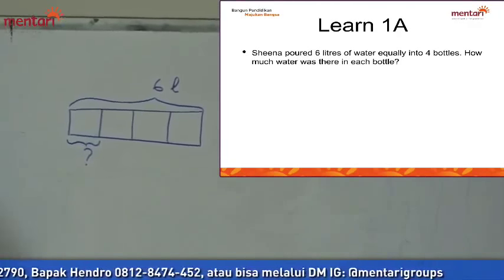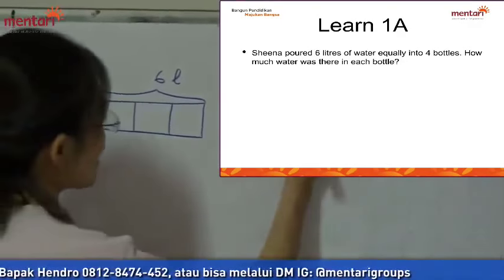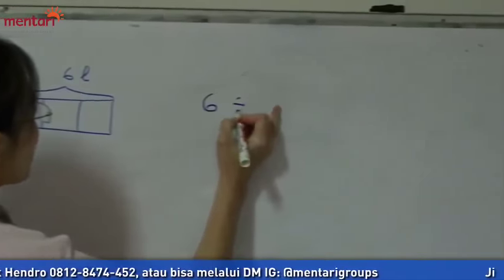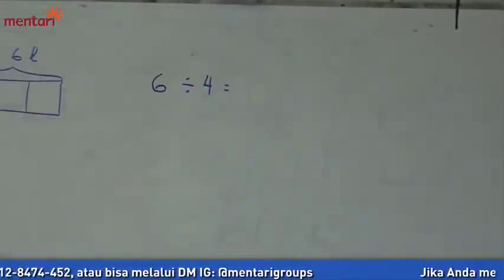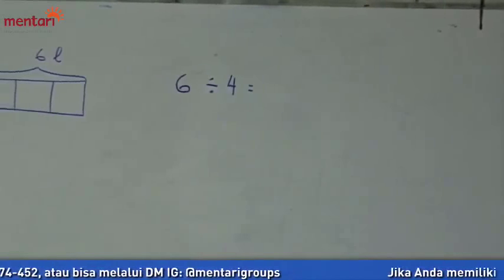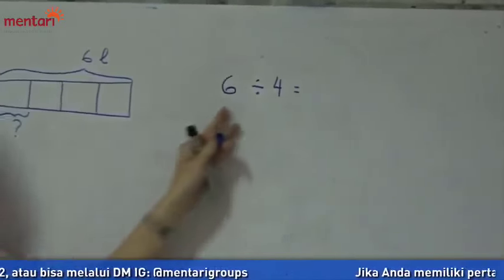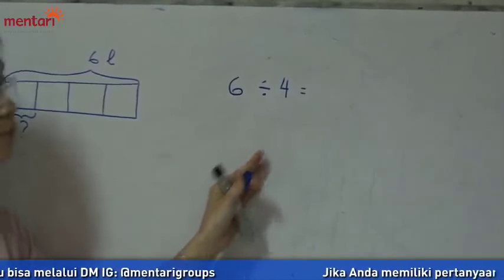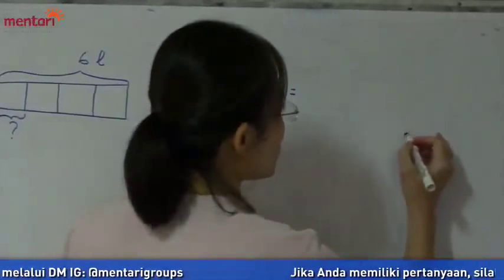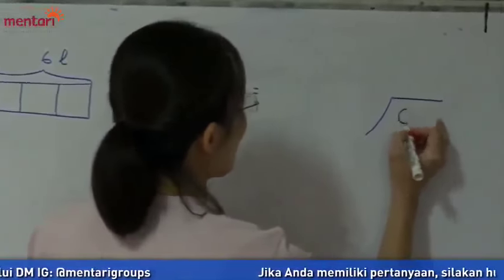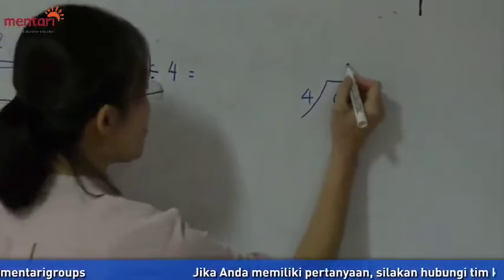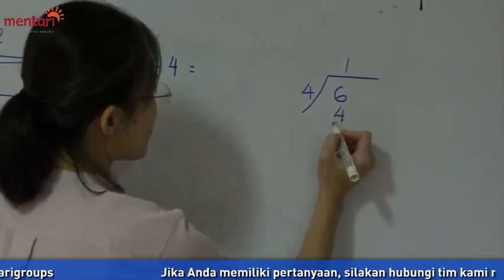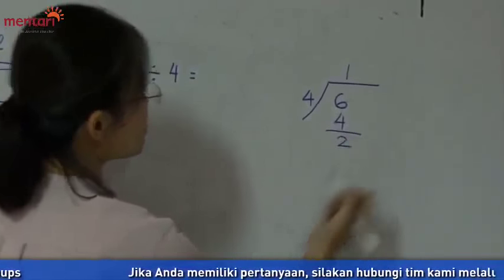Right, we divide. So we divide 6 by 4 to get the amount of water in each bottle. How do we divide 6 by 4? 6 divided by 4, we get 1, and then we get remainder 2.